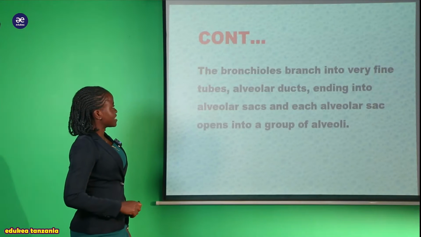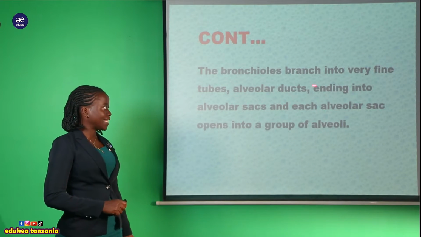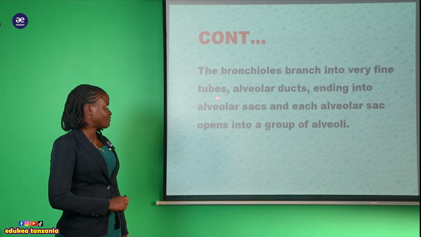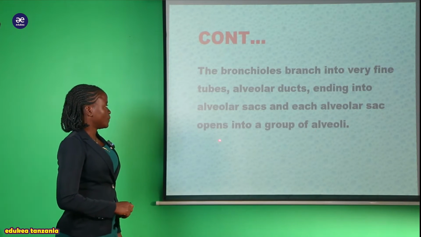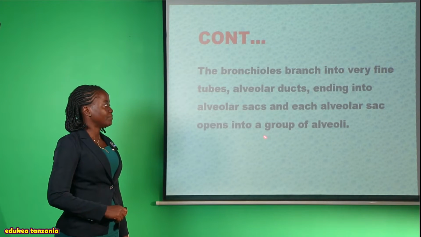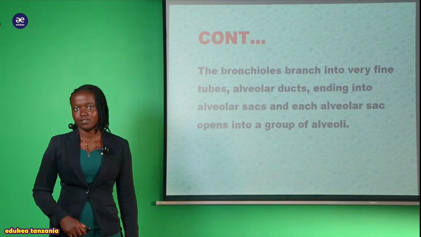And also we can say that the bronchioles branch into very fine tubes called the alveolar ducts and into alveolar sacs, and each alveolar sac opens into a group of alveoli. So what does that mean?